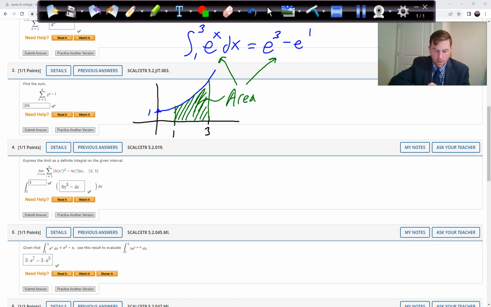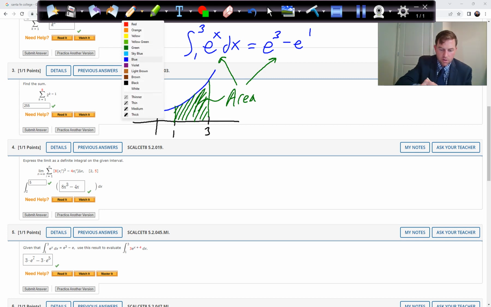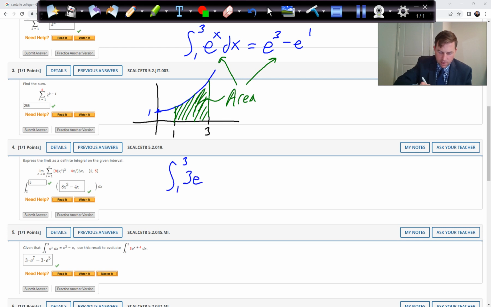Okay, so then it says using that result, find the integral from 1 to 3 of 3e to the x plus 4 dx.